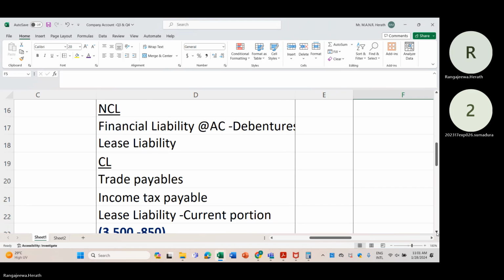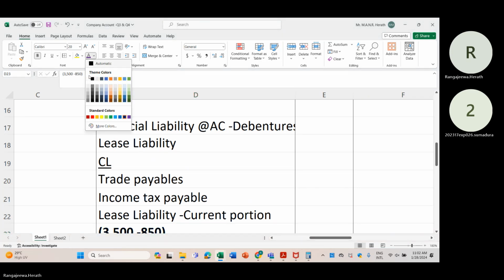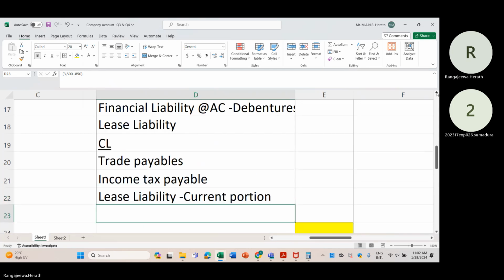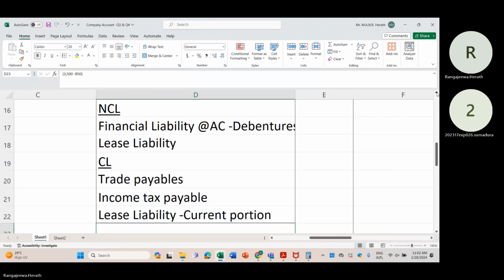Then the current liability, we have trade payable, income tax payable, lease liability current portion. Trade payable, tax payable, and the lease liability current portion. That's it.